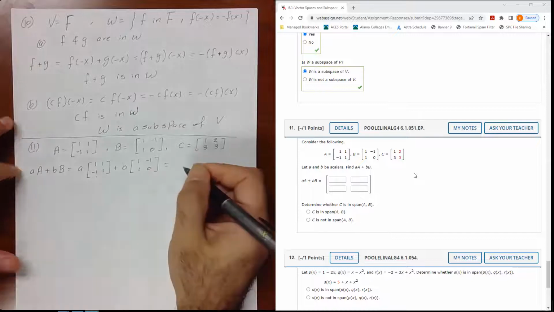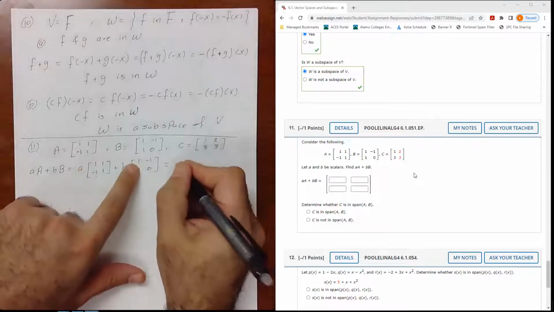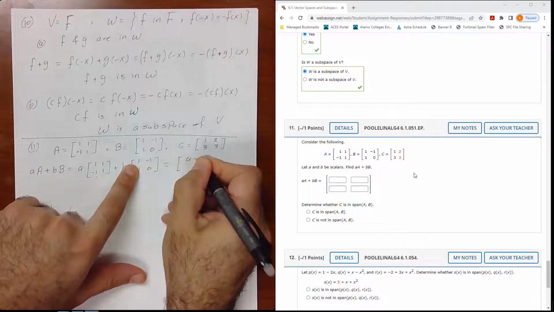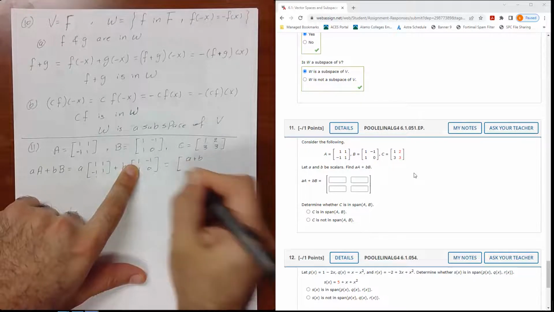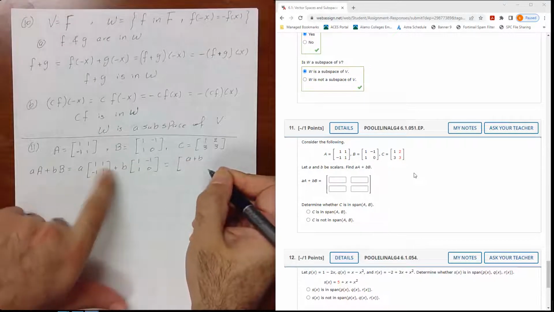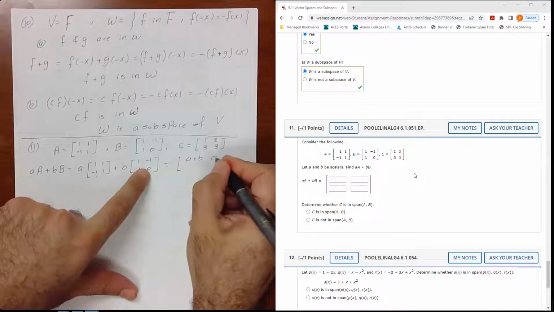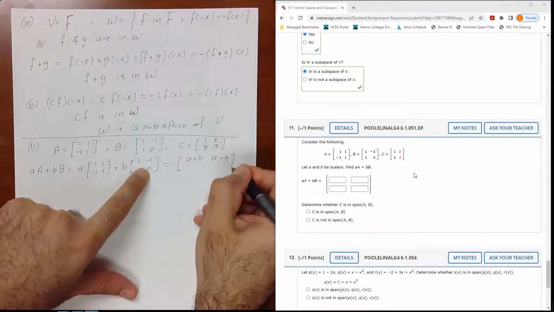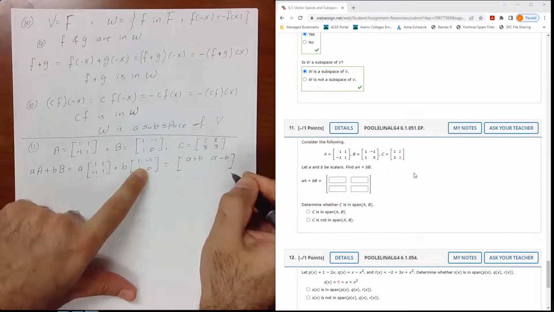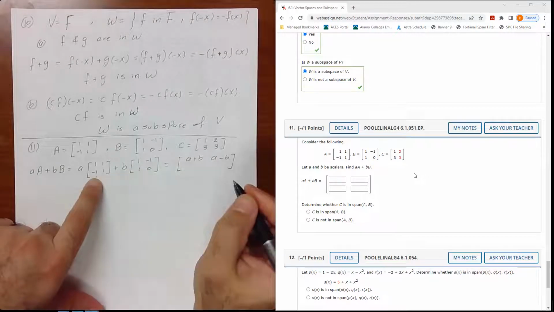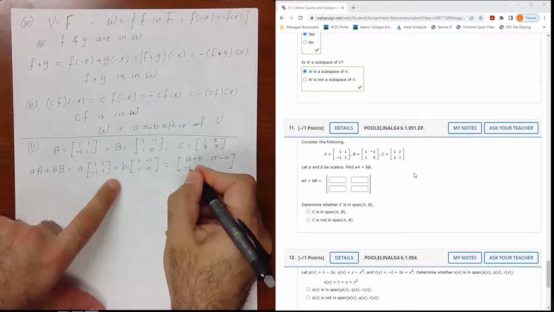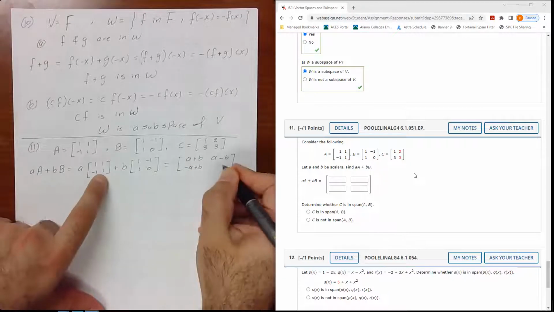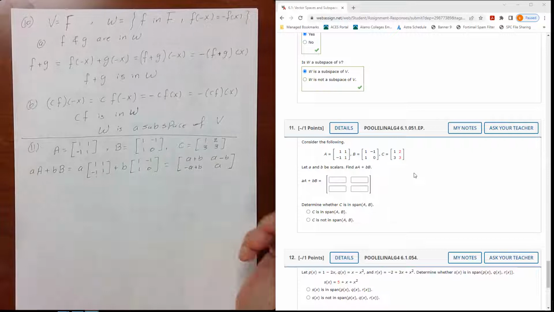So the result is going to be a plus b, a minus b, negative a plus b, and here just a. So that's the first thing they ask you here.